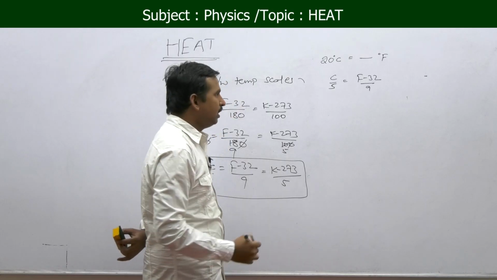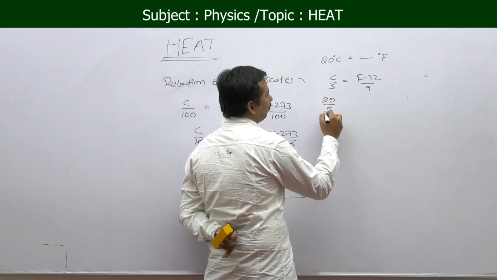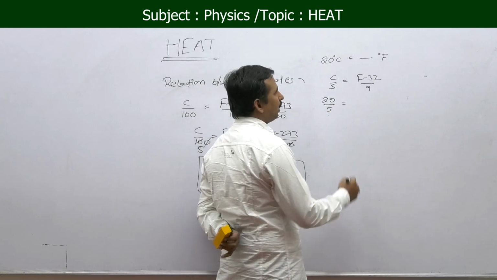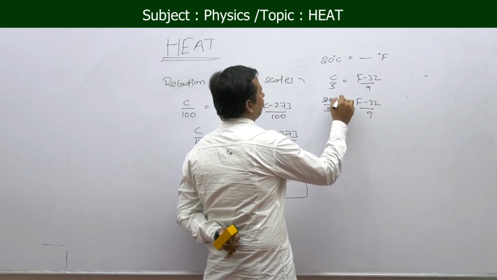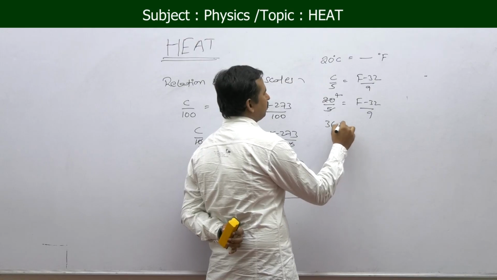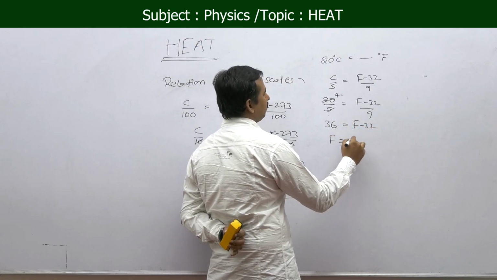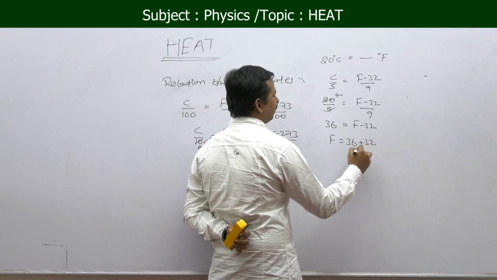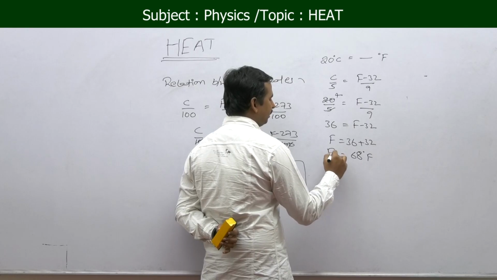Then 5 fours are 20, and 4 times 9 is 36, so 36 is equal to F minus 32. Then F is equal to 36 plus 32, which is 68 degree Fahrenheit.